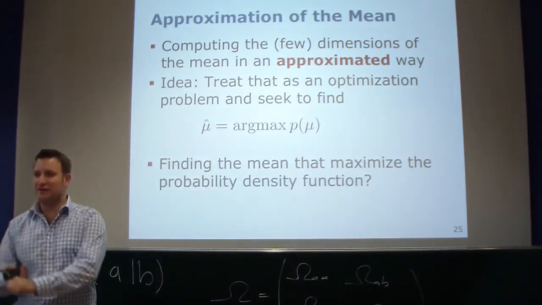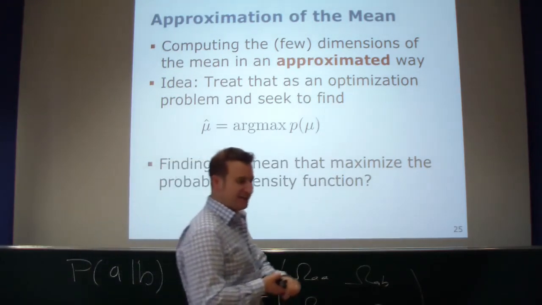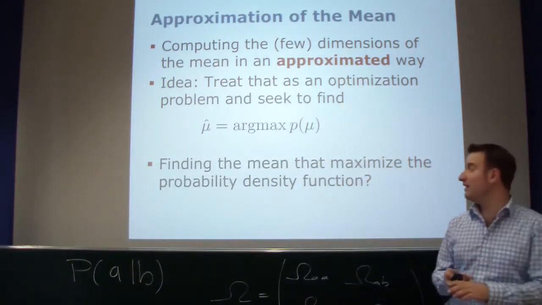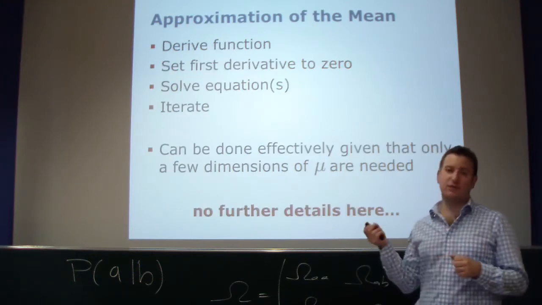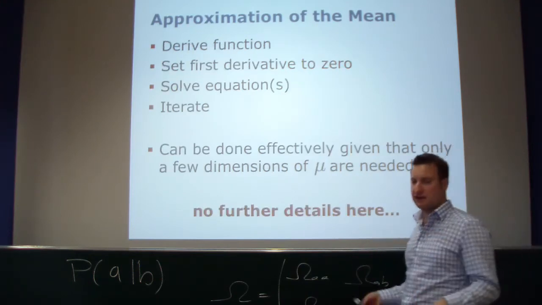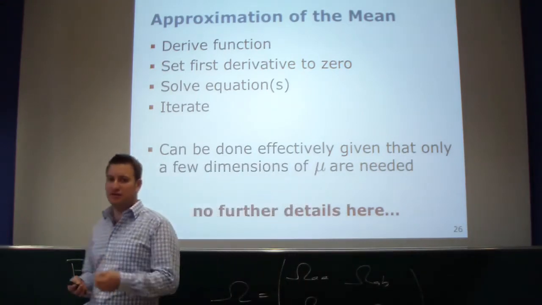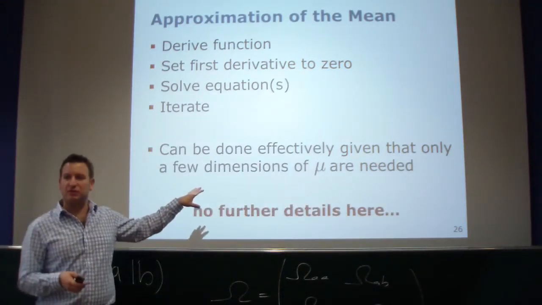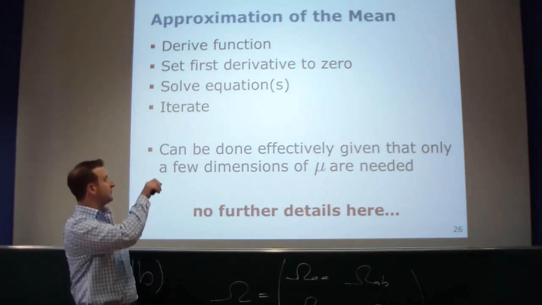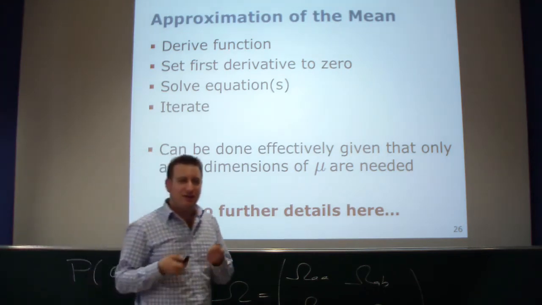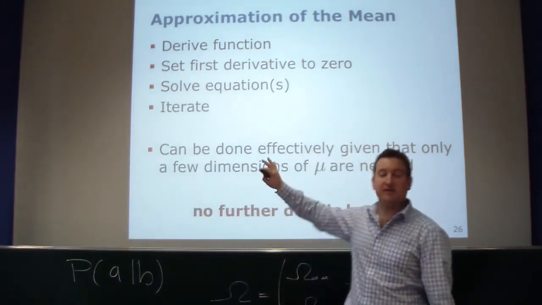Solve a system of linear equations, and then we typically iterate that process. That is one way to approximate that mean. You can do other things, like a gradient descent. You can have different ways of solving this optimization problem. But that's the standard thing you should know from school, how to find the maximum of a function. And that's the thing you can do here.